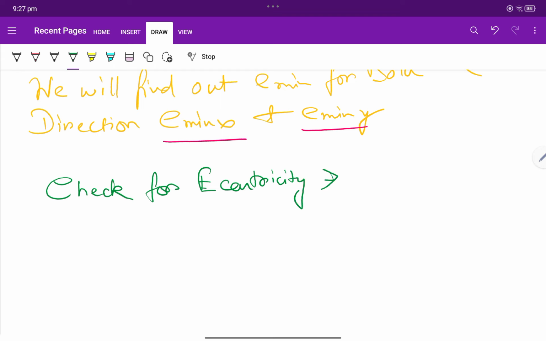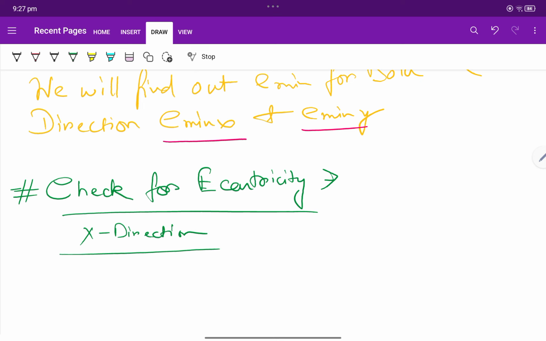The formula is E minimum should be less than or equal to 0.05 LLD.